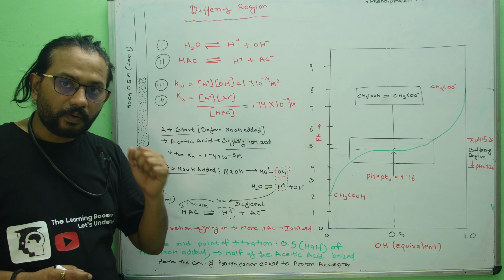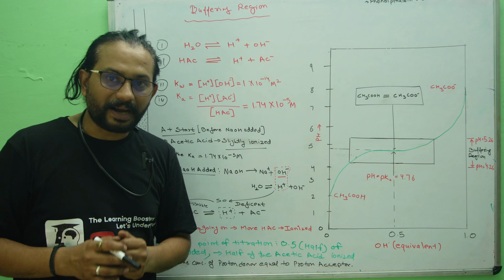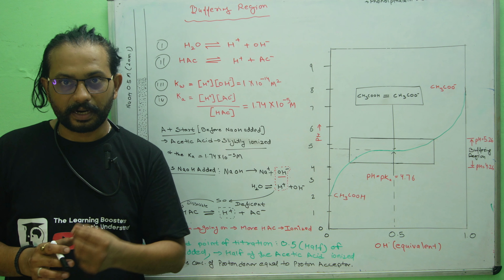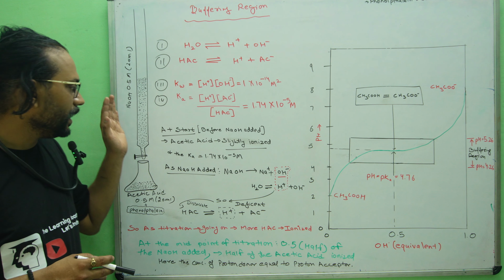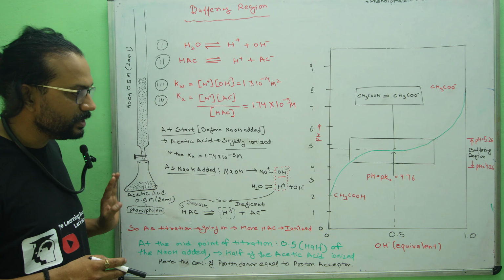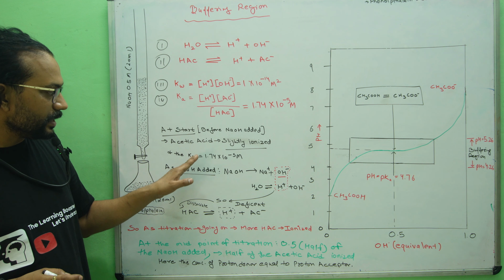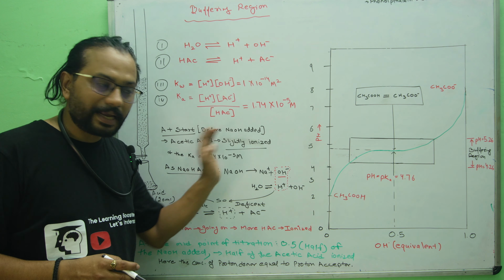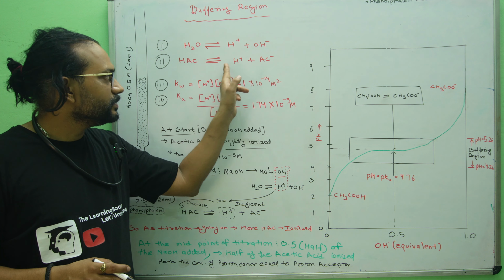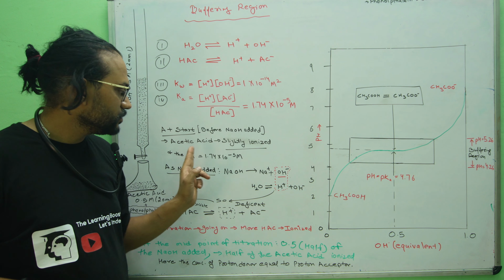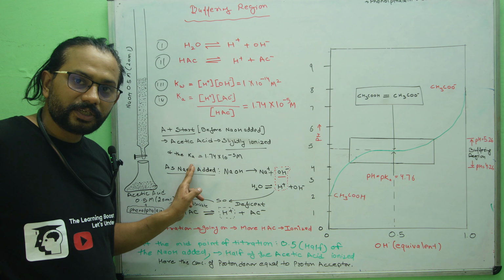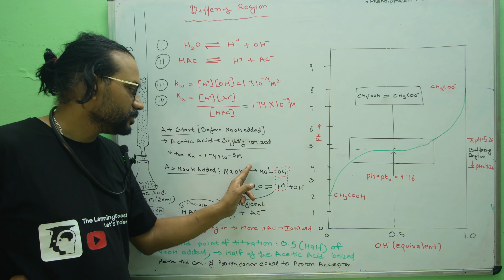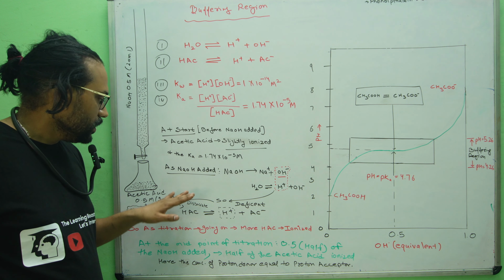Before the start of the reaction, that means before adding NaOH to the acetic acid, the acetic acid is slightly ionized, like HAc ionizing into H+ and Ac−, with a dissociation constant of 1.74 × 10^−5 molar.